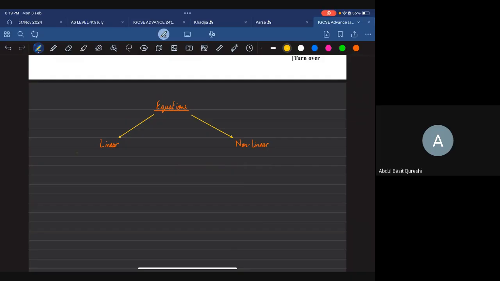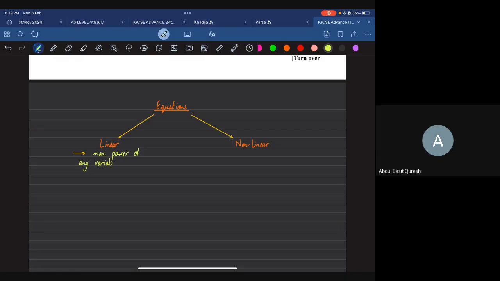That's common sense. So linear equations are simply, if you put them in very simple words, the maximum power of any variable in that equation is equal to 1.